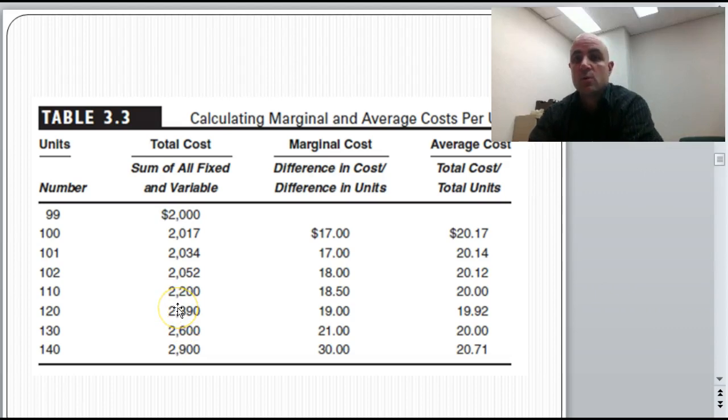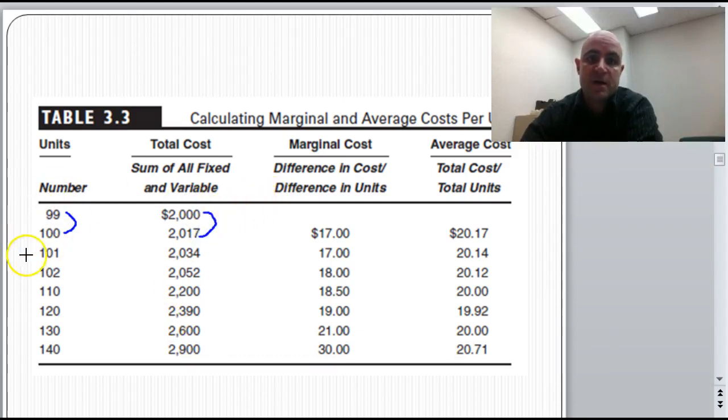Now, in general, when we look at marginal analysis, this just gives the how to calculate it. Marginal cost is the additional cost of an additional unit. And so if we look here, as you move from 99 units to 100, your total cost goes from 2000 to 2017.